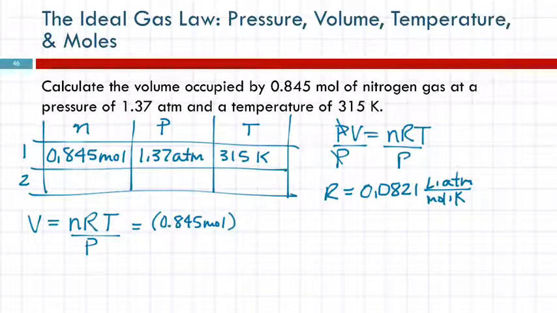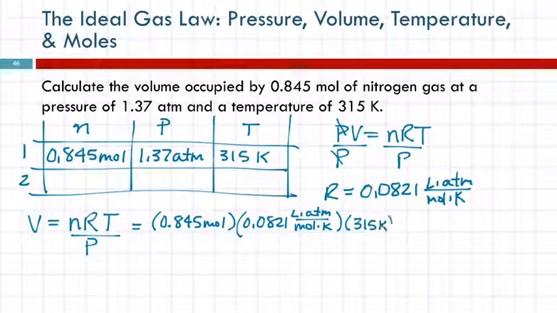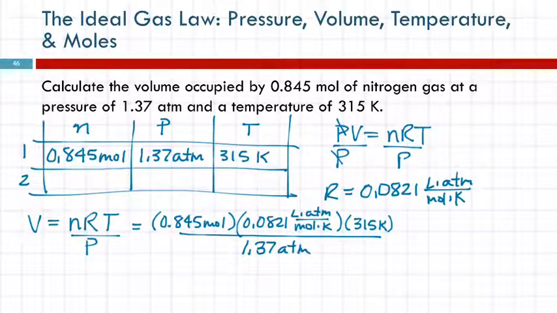It's very important to write the units. R, 0.0821 liters times atmospheres divided by moles times Kelvin. And the temperature, 315 Kelvin. All divided by the pressure, 1.37 atmospheres.